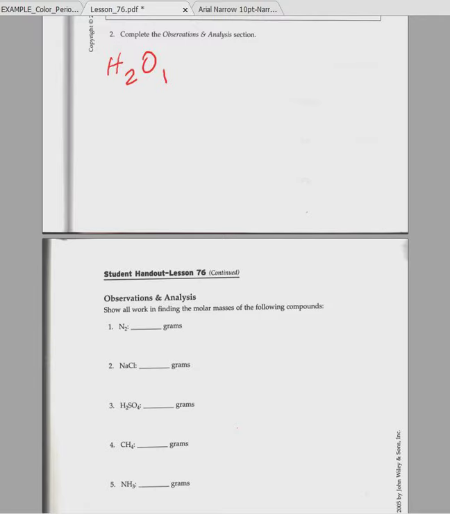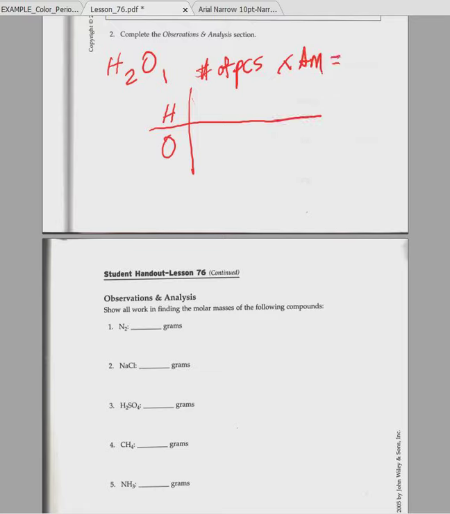So we basically have to take the number of pieces and multiply them by the atomic masses. So, for example, we list the elements, we make a little grid, and we have the number of pieces. We multiply them by the atomic mass, and then we add it all together.